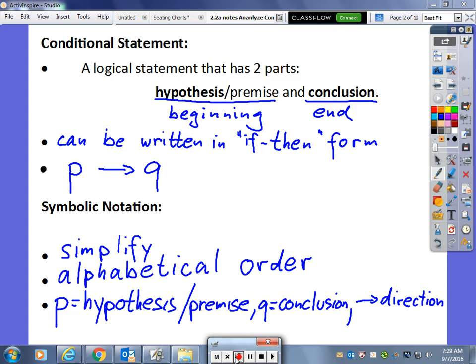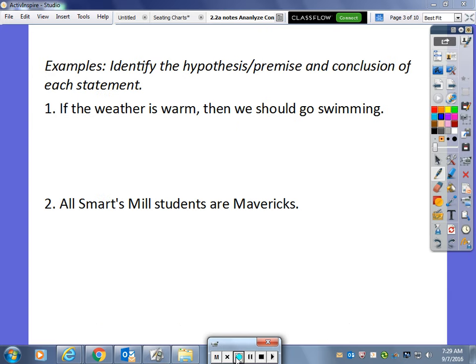So let's look at a couple of examples. Identify the hypothesis, the premise, and the conclusion of each statement. Let's look at that first statement. If the weather is warm, then we should go swimming.